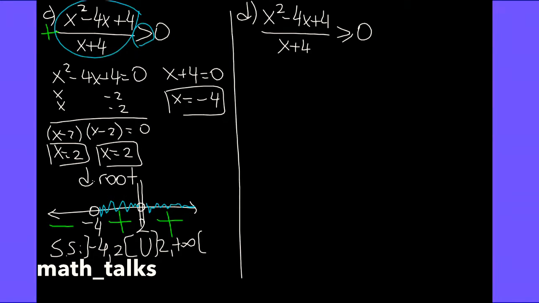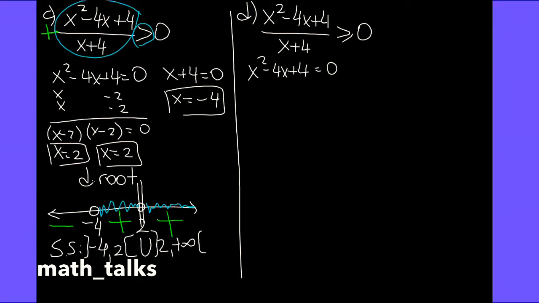Okay, this last question seems the same, but I just put an equal sign here. We will see what the difference in the solution set will be. x squared minus 4x plus 4 bigger than or equal to 0. So the inequality is already ready. You will just take your numerator, equalize by 0.